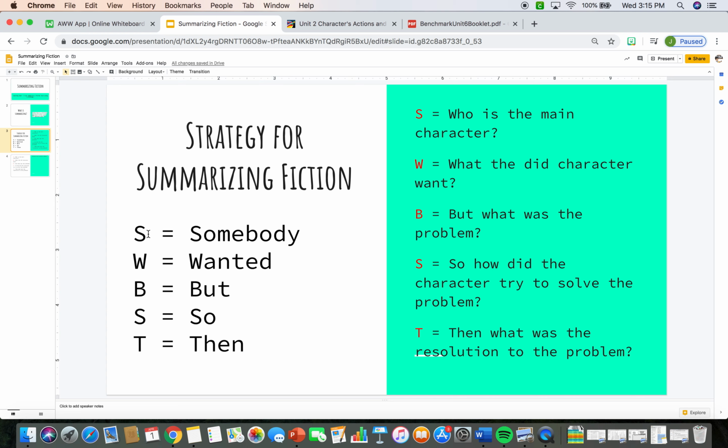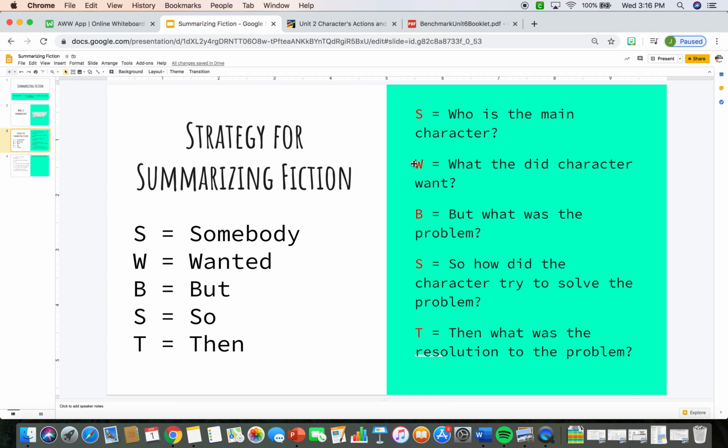Now, each letter stands for something. S stands for somebody, which means who is the main character in the story you're reading. W stands for wanted: what did the character want in the story? Sometimes what they want may not be explicitly told in the text, meaning it doesn't say, but you can infer and use clues to figure out what they want.